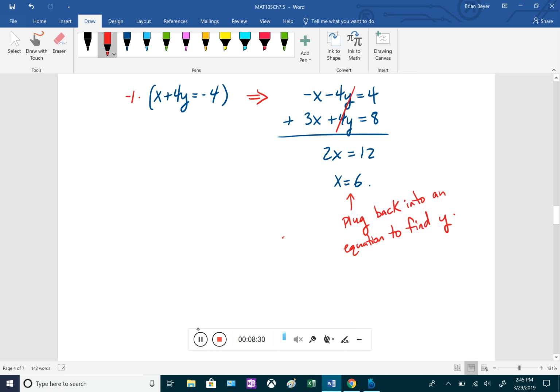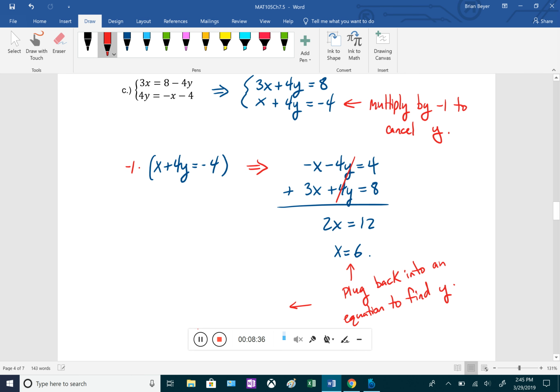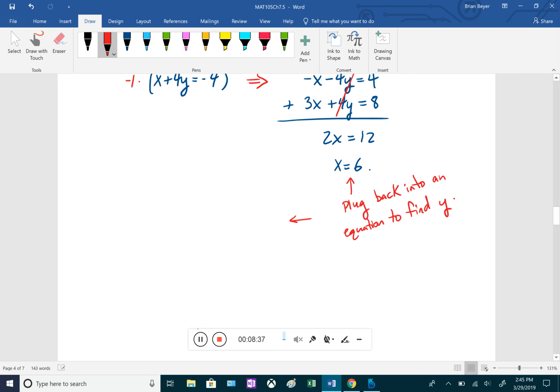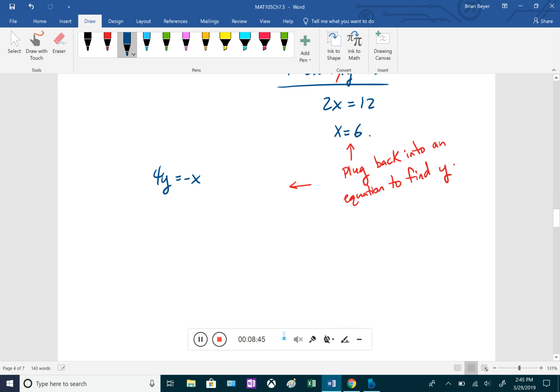So we get to pick which equation we want to plug it into. We're trying to find y, so let's use that second one. So we can use 4y equals negative x minus 4. And we're going to plug in x equals 6, so negative 6 minus 4.